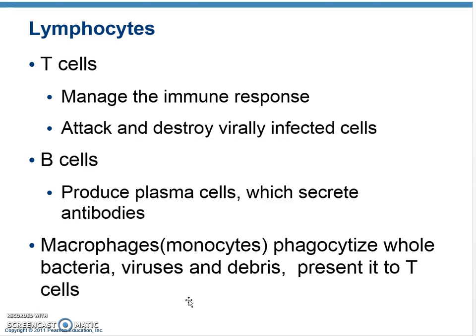So the cells that you find in lymphoid tissue are lymphocytes. They are your T cells and your B cells. T cells, for now, we're going to think of as primarily fighting virally infected cells. And then your B cells, or B lymphocytes, are the cells that are going to produce your antibodies.